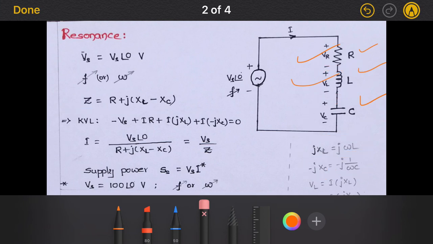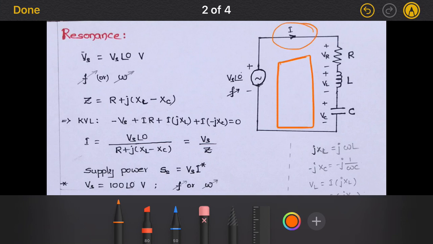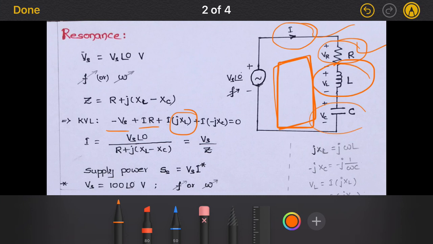Now, the current delivered from the supply, that is the current flowing through this series combination, is I. If we apply KVL to this loop, then minus Vs plus I into R, the voltage drop across the resistor, plus the voltage drop across the inductor, VL equal to I into jXL, plus the voltage drop across the capacitor, I into minus jXC, equal to 0.